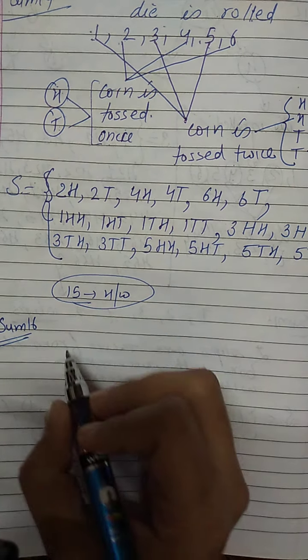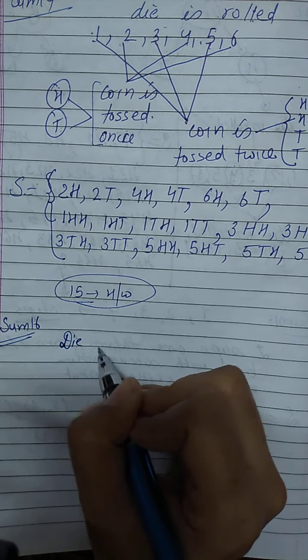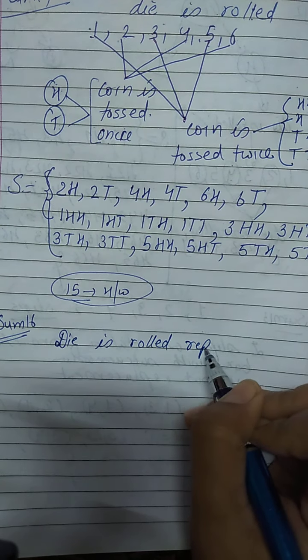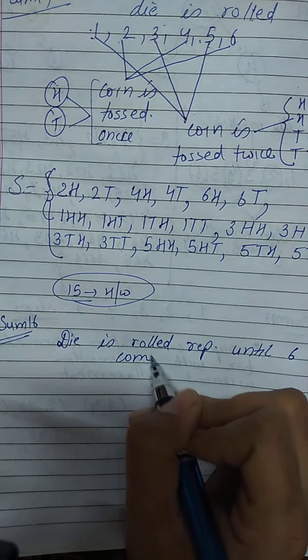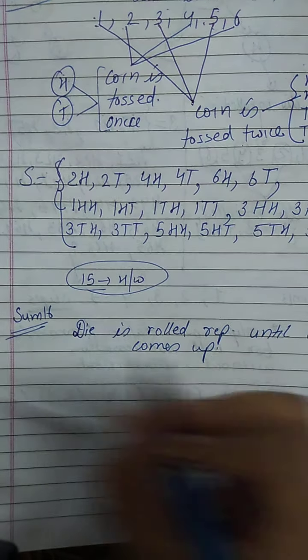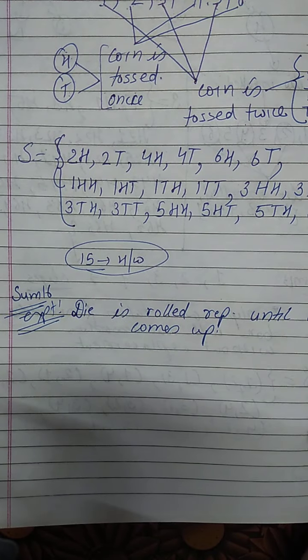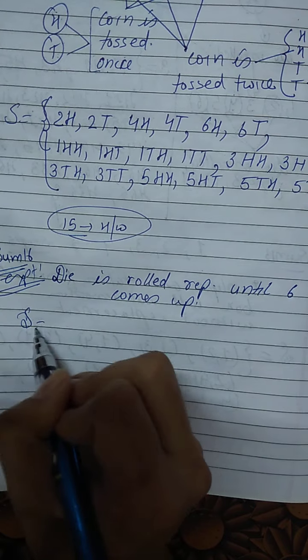So the die is rolled repeatedly until 6 comes up. This is the experiment, and we have to write down the sample space for this experiment.